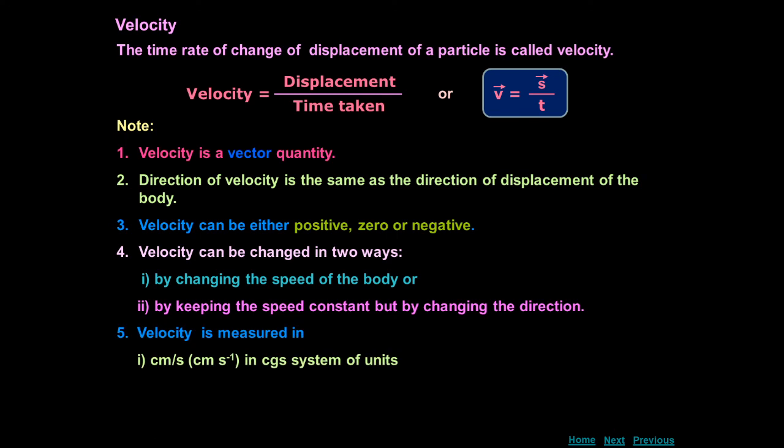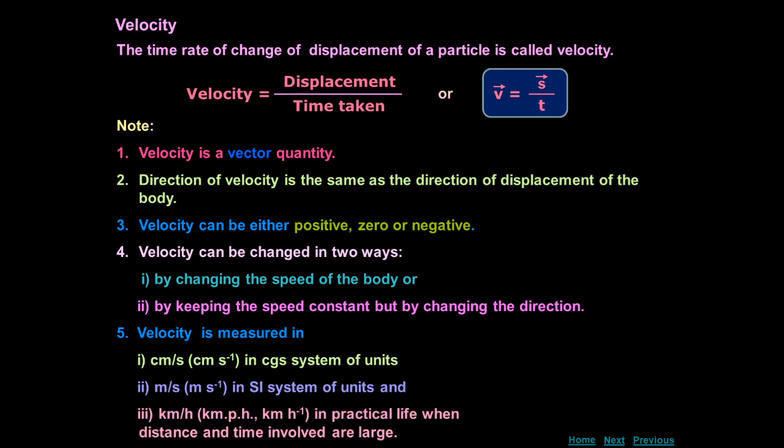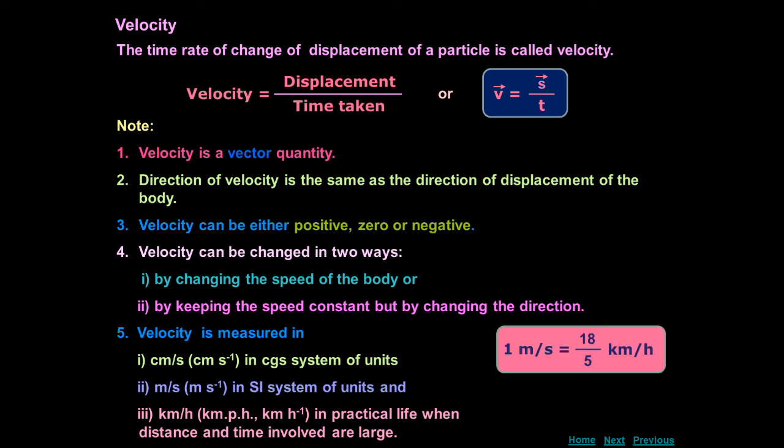Velocity is measured in the CGS system in centimeter per second, in the SI system in meter per second, and in practical life in kilometer per hour. Remember this one: 1 meter per second, if we convert it into kilometer per hour, is equal to 18 by 5 kilometer per hour.